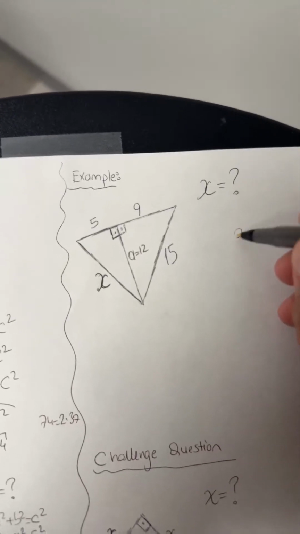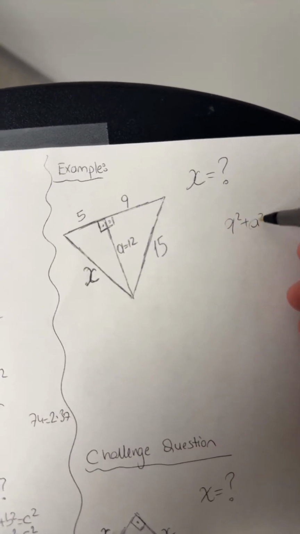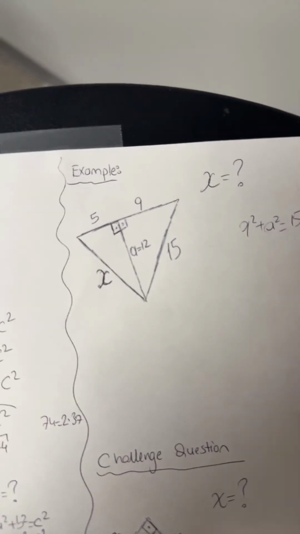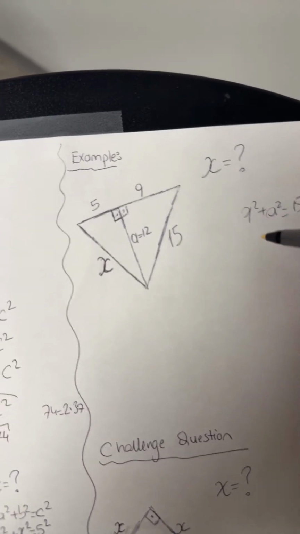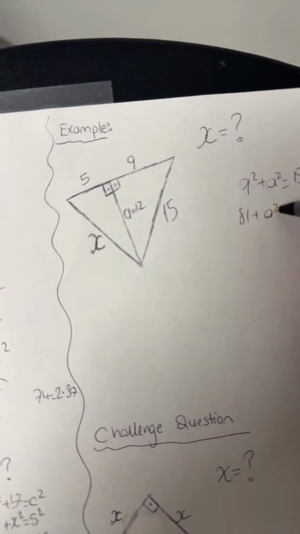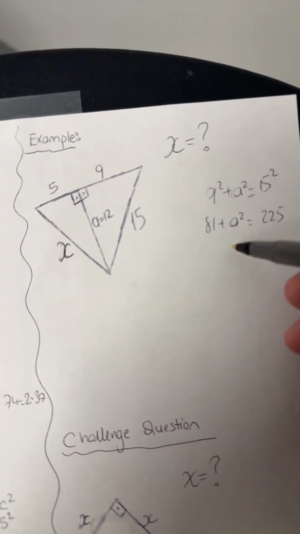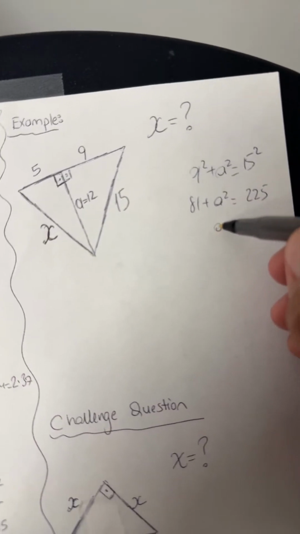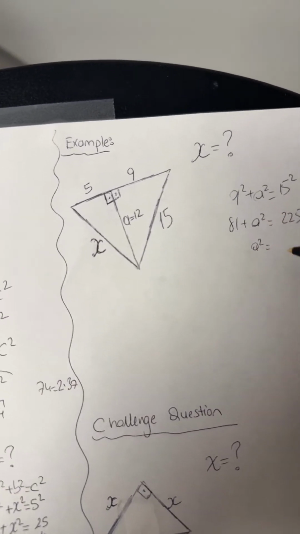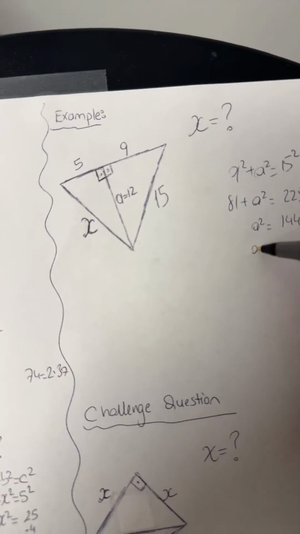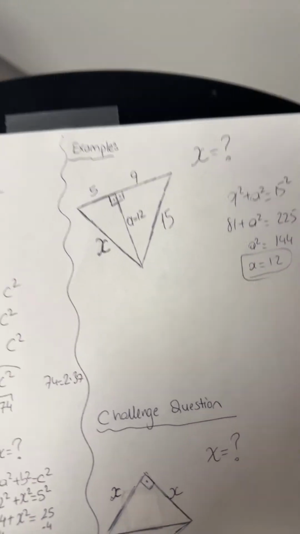Or what you can also do is 9 squared plus a squared is equal to 15 squared, and then you can do the algebra. 81 plus a squared is 225. Then you subtract 81 from both sides. a squared, you're going to get 144. Then you'll get a equals 12, okay?